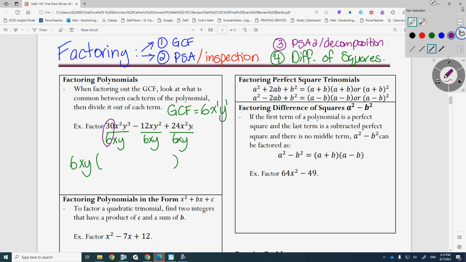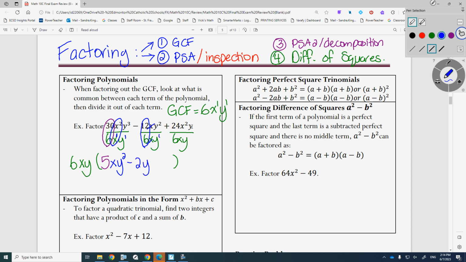So 30 divided by 6 would be 5. You would do your quotient law for your x's. So x squared over x to the 1, you would subtract the exponents, and you would get x to the 1. And same with y's. You would subtract 3 minus 1 to get y squared. Minus 12 divided by 6 is 2. The x's would cancel.